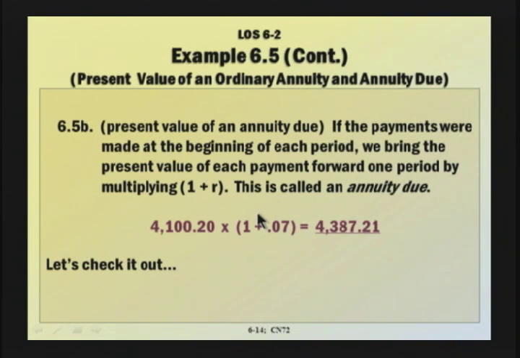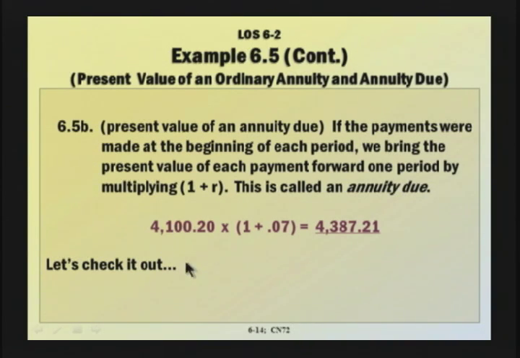By making those payments up front, each one of those payments has a chance to earn interest sooner because they're made at the beginning of each year, not the end of each year like an ordinary annuity. For present value purposes, I will be discounting each payment one period less.